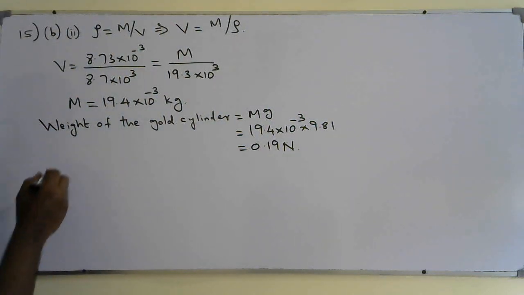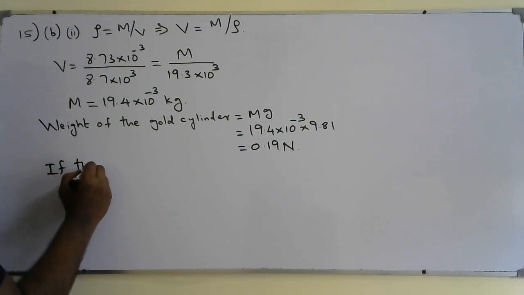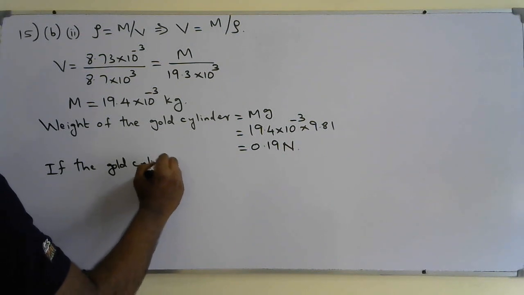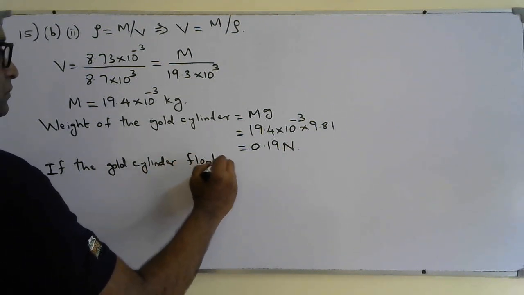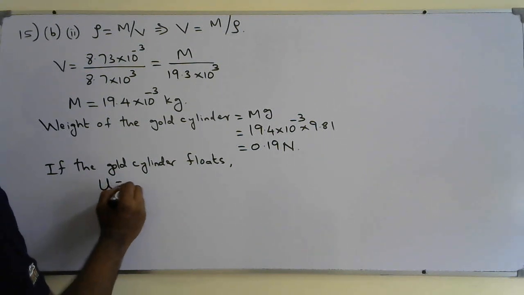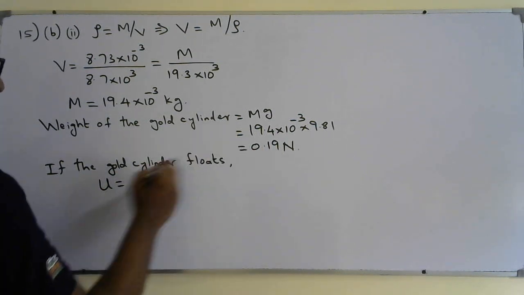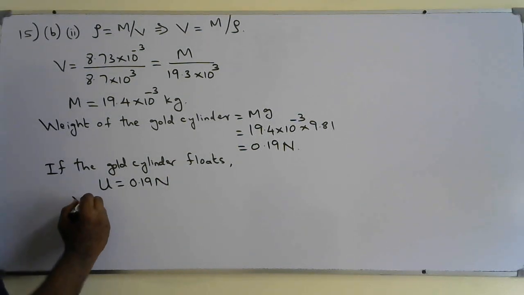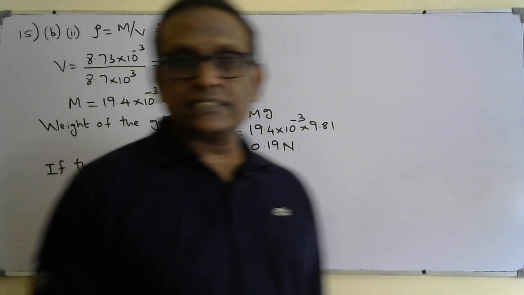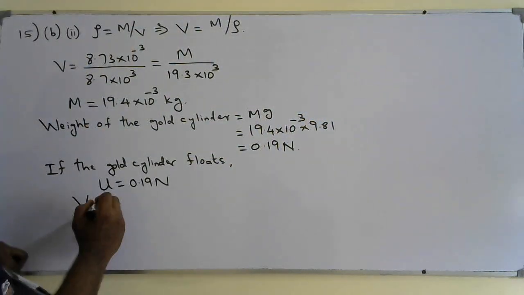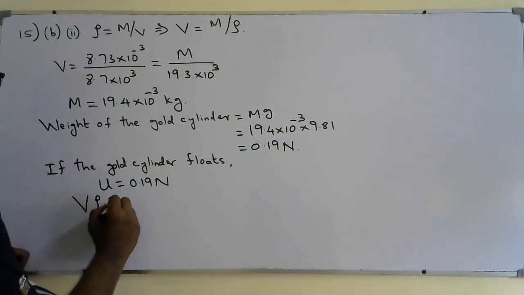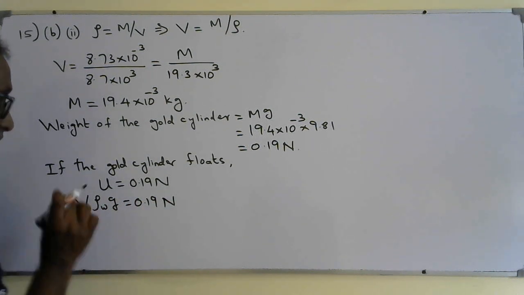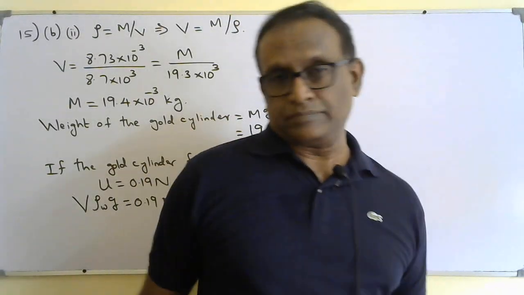So we can say if the gold cylinder floats, then the upthrust must be equal to the weight of the cylinder, which is 0.19 Newton. So the upthrust, the volume of water that must be displaced times density of water times g, must be equal to 0.19 Newton.